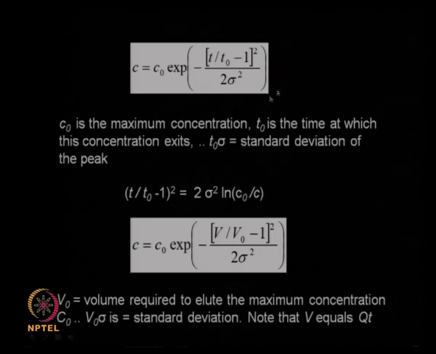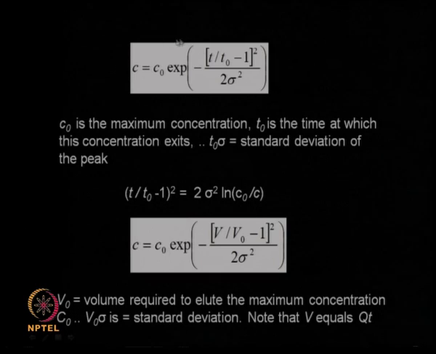So the main assumption in this is that the peak leaving a chromatograph is a normally distributed or Gaussian curve, and once you assume it to be Gaussian, you know the equation for a Gaussian distribution, and hence you can say C as a function of time will be C equal to C naught exponent minus (t by t naught minus 1) whole square by 2 sigma square, or C is equal to C naught exponent minus (V by V naught minus 1) whole square by 2 sigma square.